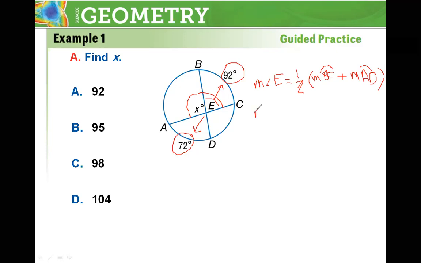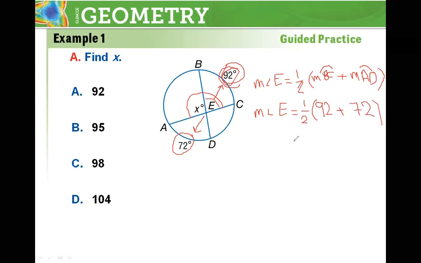So the measure of angle E equals half of the measure of BC, which equals 92, so I write here 92, plus the measure of AD, 72.